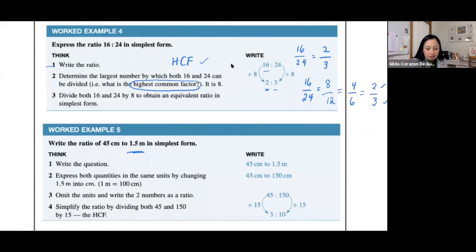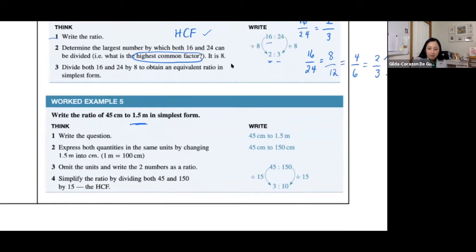So when you have 45 centimeters to 1.5 meters, what would that be in simplest form? So the first thing we need to do is make sure they've got the same unit. So we're comparing them in the same unit, right? We know that in a meter, there's how many centimeters? 100 centimeters in a meter, and therefore to convert 1.5 to centimeters, we need to multiply 1.5 by 100.